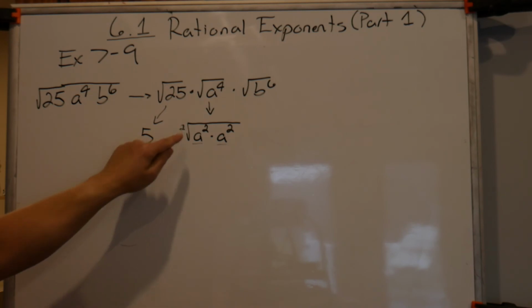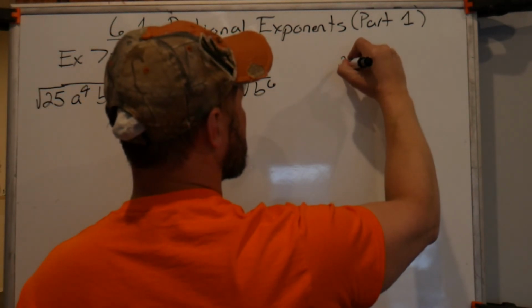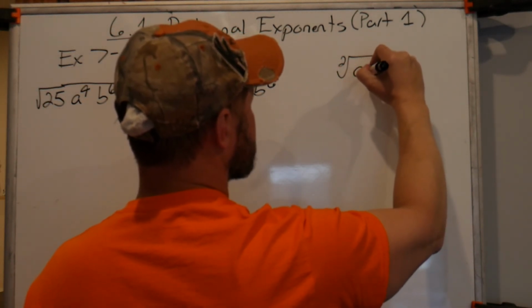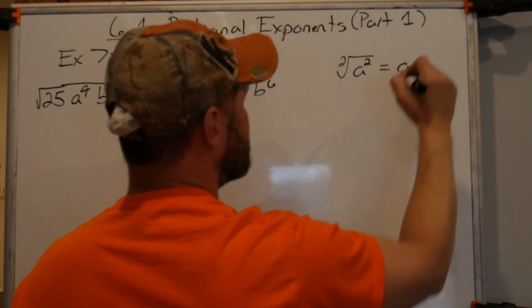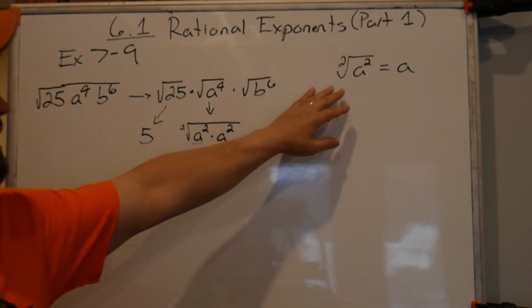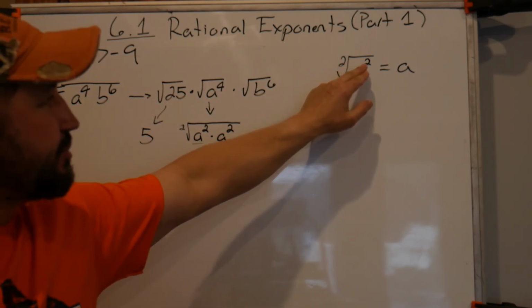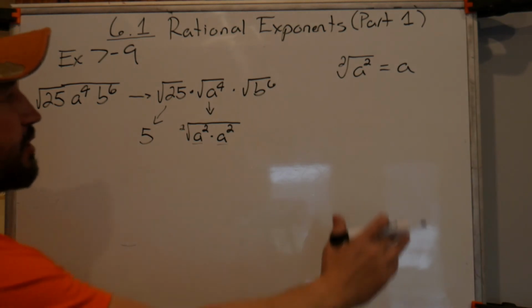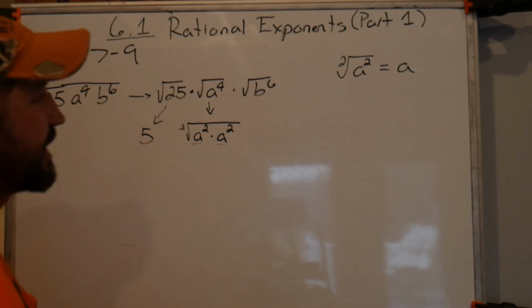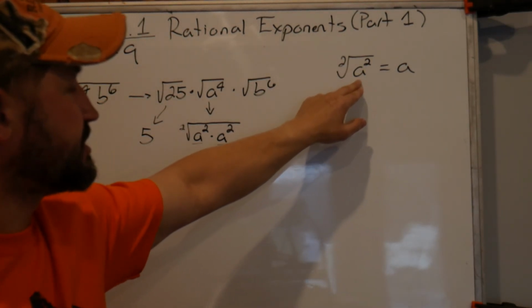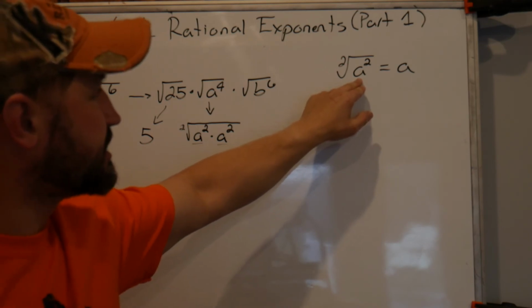So for the square root, I'm going to use my 2 just so that we can see what's going on. We go back to that idea that I wrote at the beginning with when the index matches up with the exponent, we go back to just the regular radicand, or just the regular value, I should say.